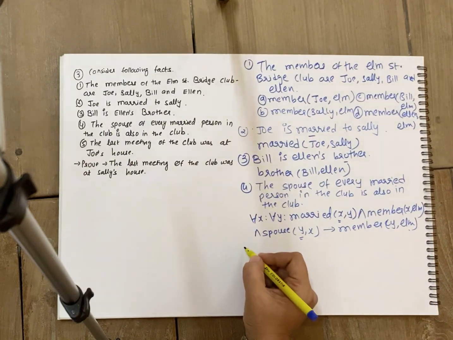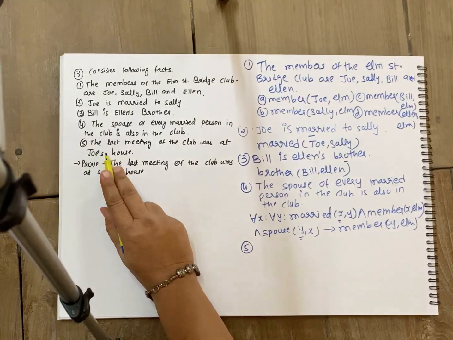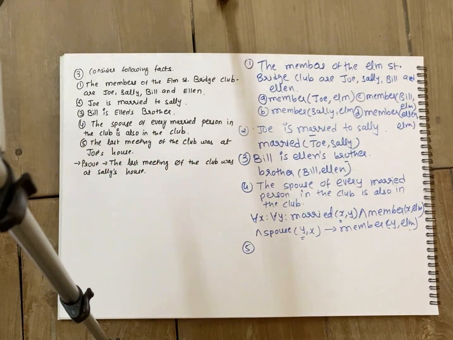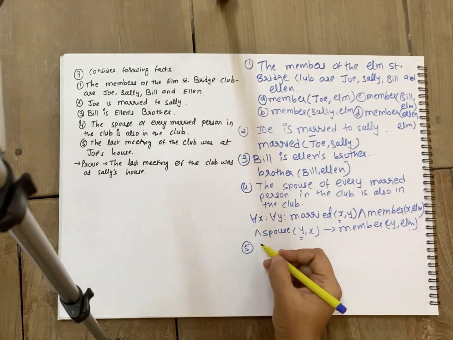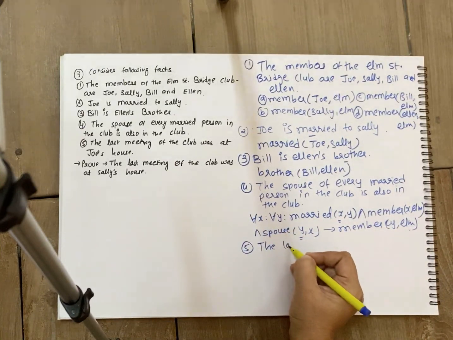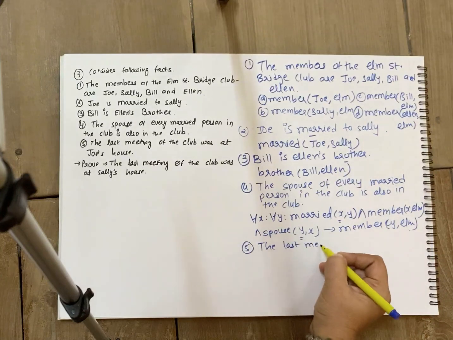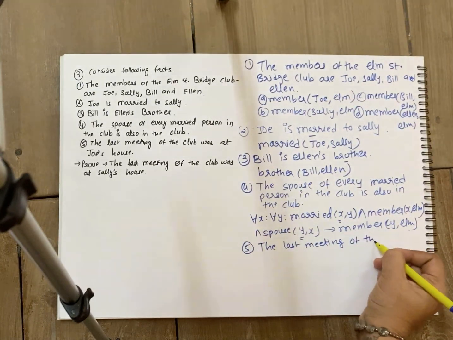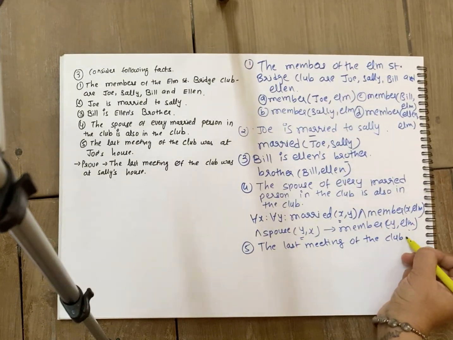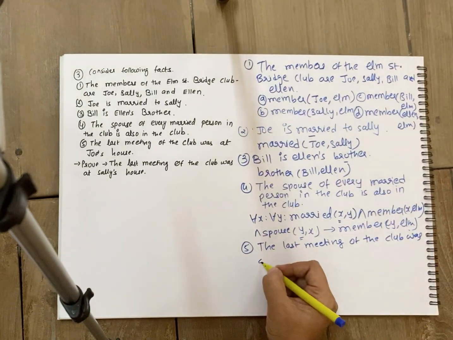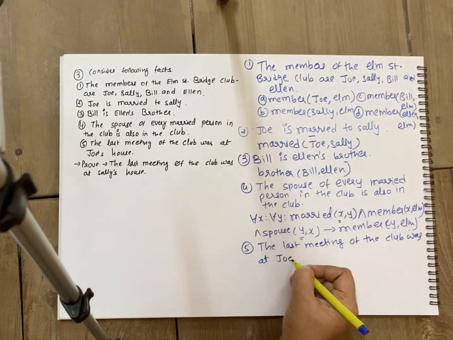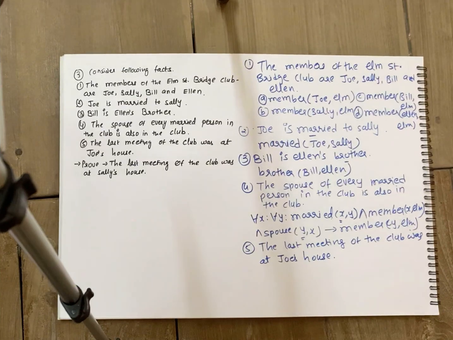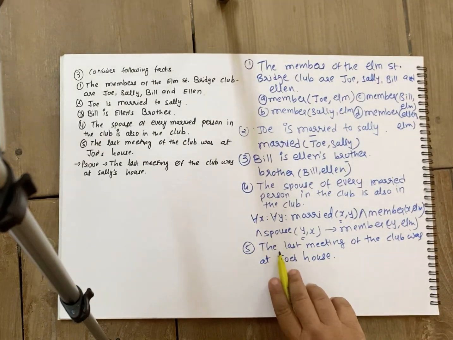Okay. Let us move ahead to the fifth one. The fifth one says the last meeting of the club was at Joe's house. Here, what important information are we conveying?